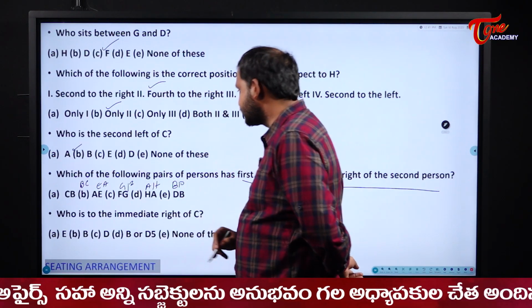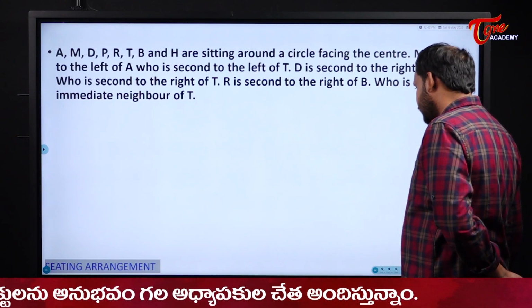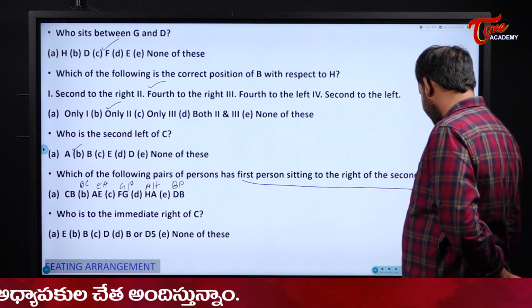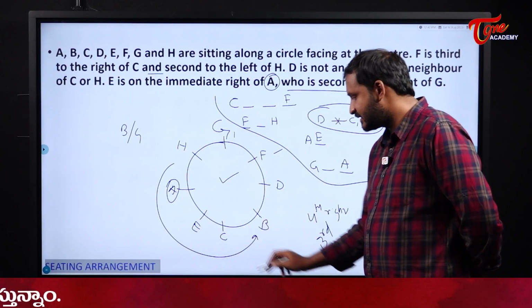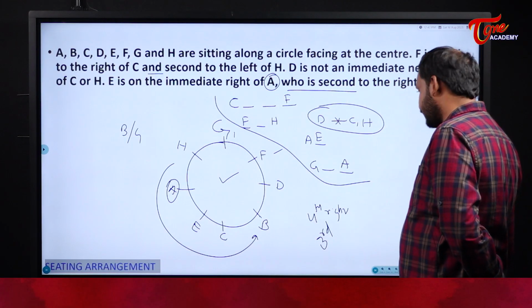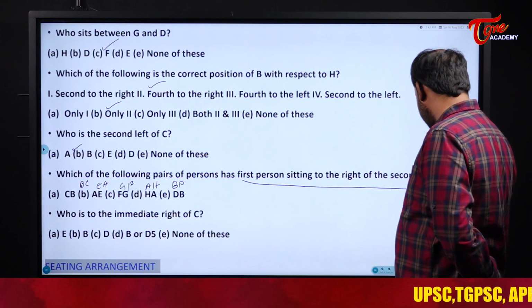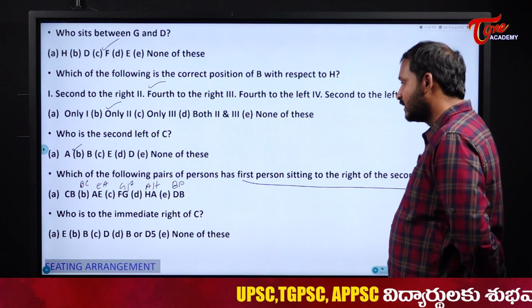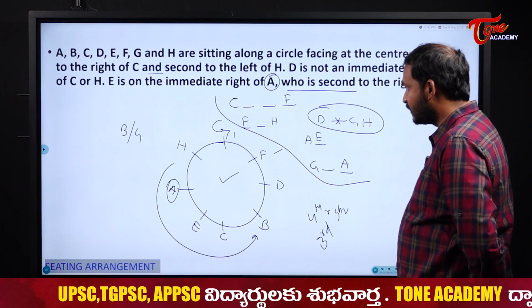So I should have B's right side as C. B's right side is D, so that one is wrong. Next, EA. E's right side should be A. No, E's right side is C. That is also wrong. Next, GF. For G, right side I should have F. No, here I have it towards the left side.